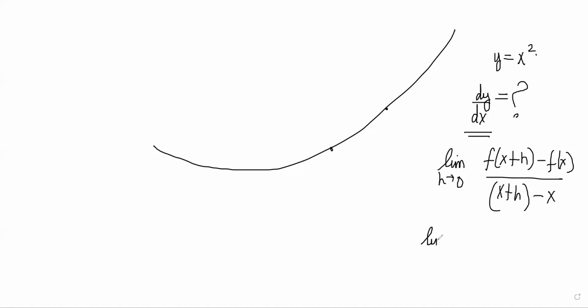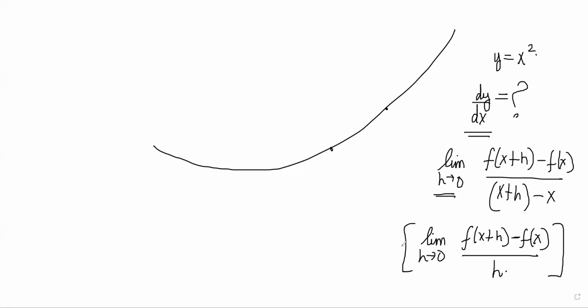So basically I'm taking h to be really small, and it is the ratio of change in y by change in x, right? So this is f of x plus h minus f of x, and x plus h minus x becomes h, right? Think of this as the actual definition of the derivative, or dy by dx. The derivative of any function is defined like this: limit of h tends to 0, f of x plus h minus f of x by h.